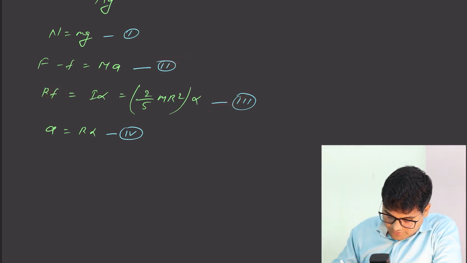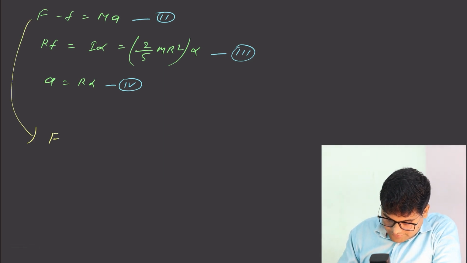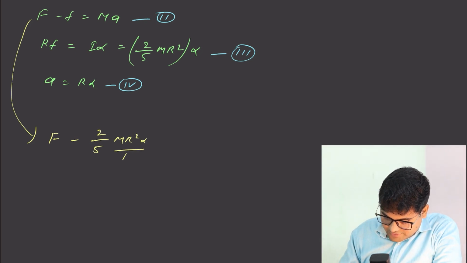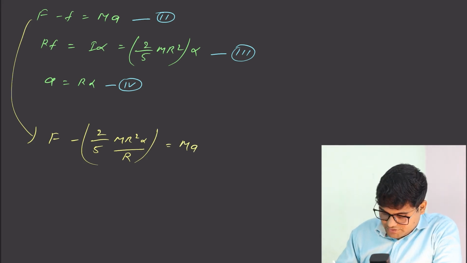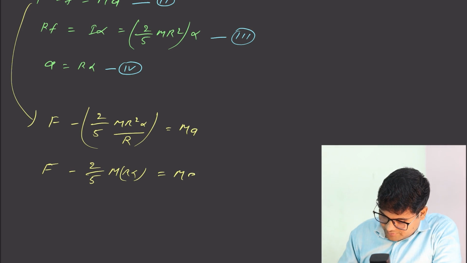So what will you get? Capital F minus small f is 2 by 5 mr square alpha divided by capital R, and that will be equal to capital M into A. So this is capital F minus 2 by 5 m r alpha, since r will cancel, is equal to m a.